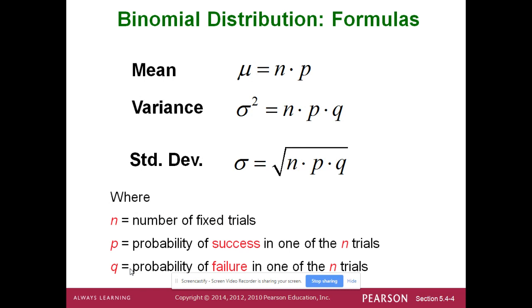So here are our formulas for this. This is something you will need to know. When the calculator gets you those probabilities, this is going to give you the mean, mu, number of trials, n, times the probability of success. So for our example that we just did, what are the numbers we're multiplying together there?